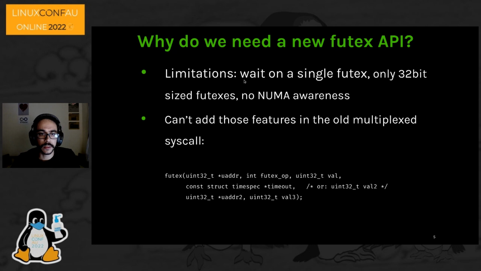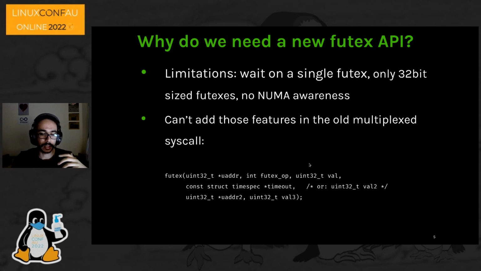But basically, the problem that we had been facing is that we wanted to add new features to the futex syscall, but the futex syscall is a kind of multiplexed and strange interface. I mean, look at this. You have all those arguments, and they need to be very generic, so the arguments have strange names, like this is just val. This is a timeout, but sometimes it can be val2, and we have val3 here.